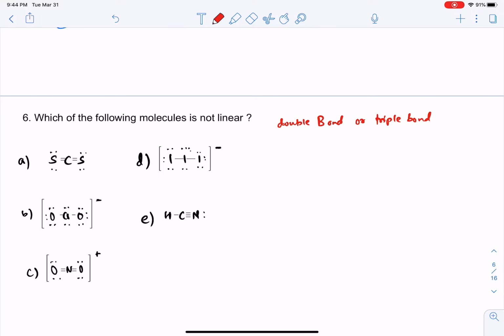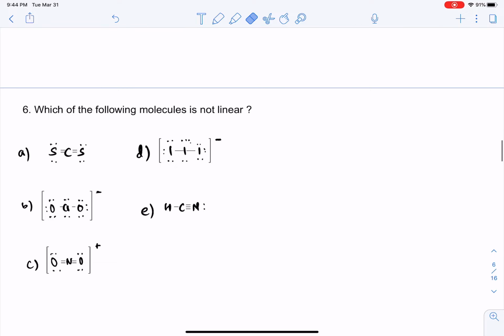It doesn't rotate. Let's not go into that right now. We'll just go one by one and see what kind of structure each one has, whether they are linear or not. So let's go with first A, that is S double bond C double bond S.